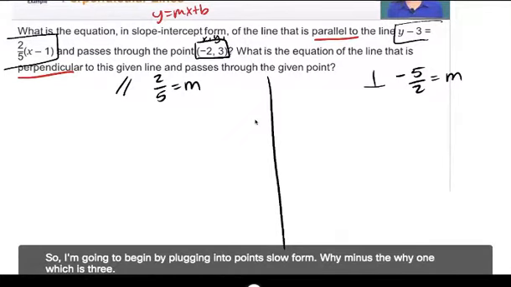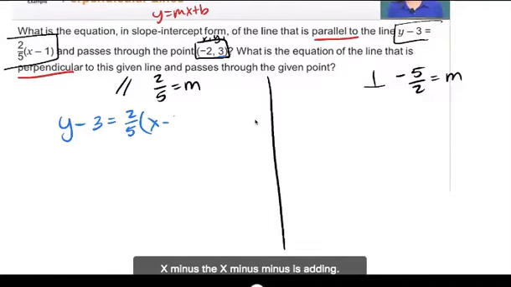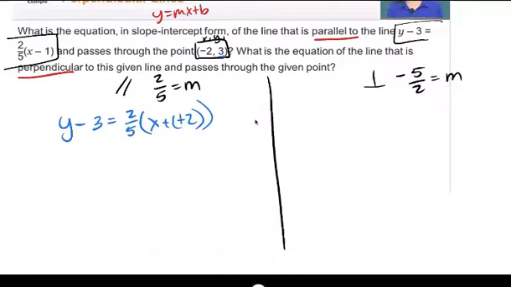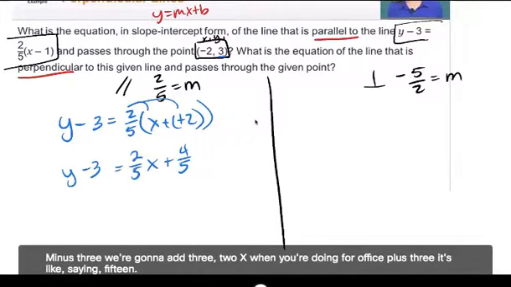So I'm going to begin by plugging into point slope form: y minus the y1, which is 3, equals the slope times x minus the x1. Minus and minus is adding. Then I'm going to distribute the 2/5: 2/5 x plus 4/5. y minus 3, we're going to add 3.